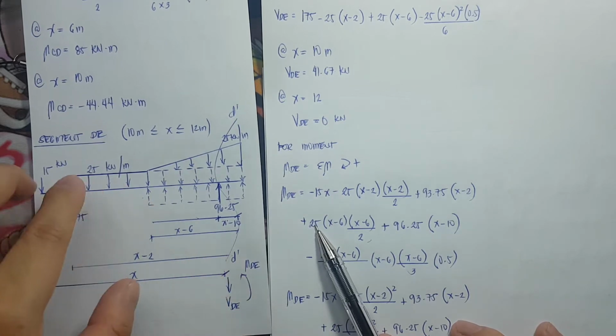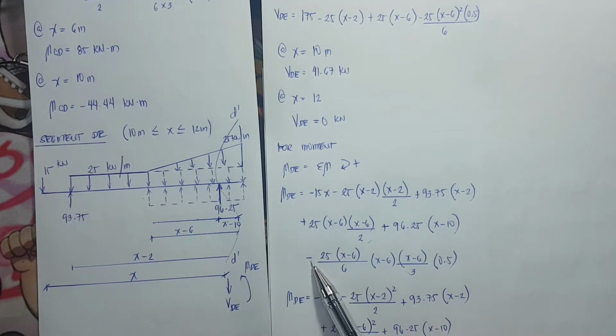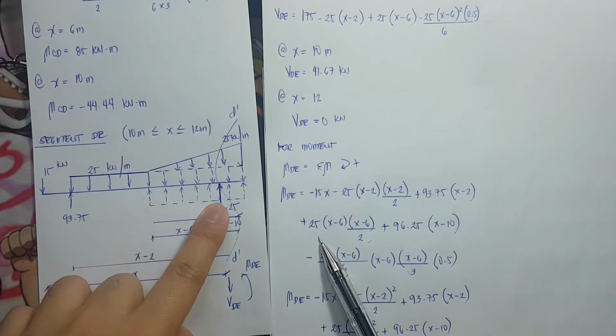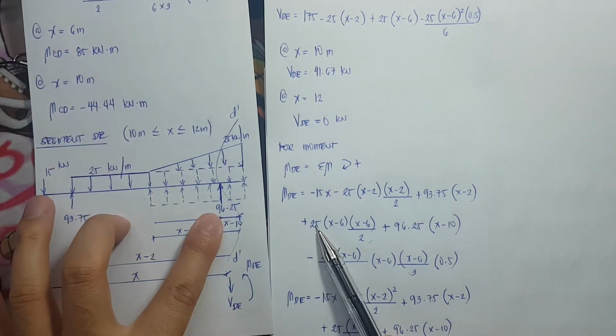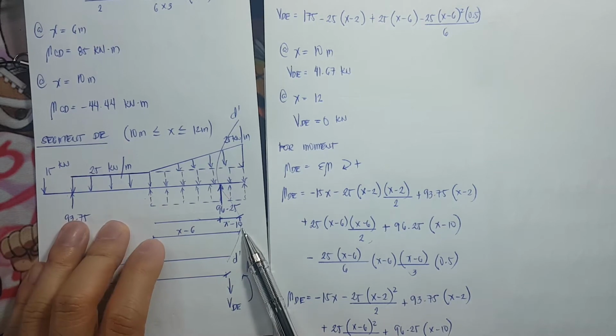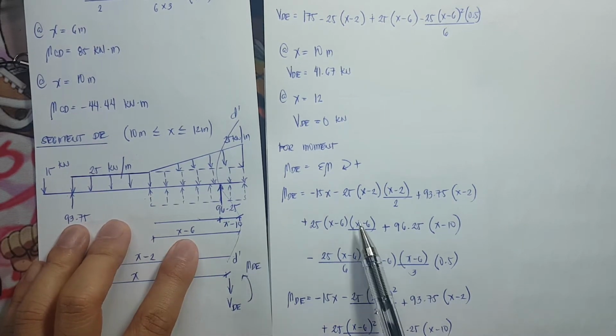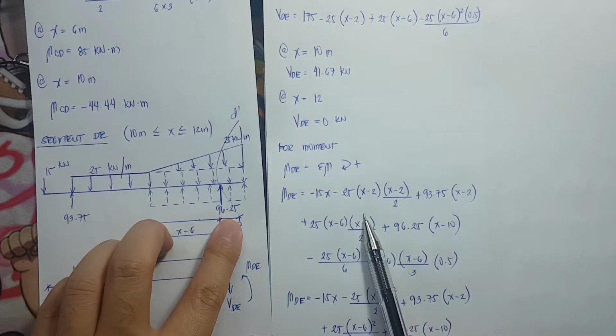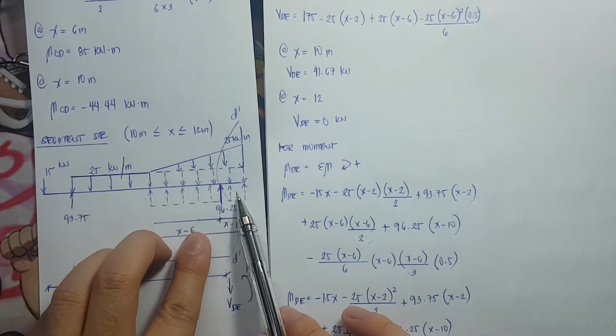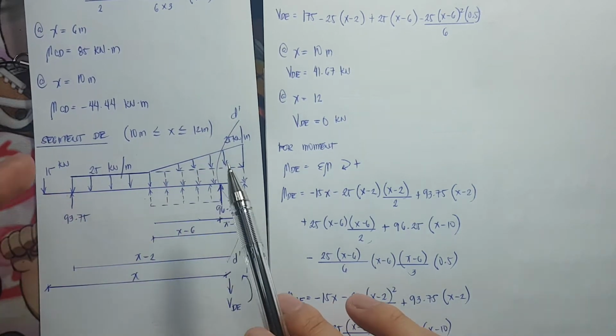Then, for the 25 that I introduced here, yung upward, we have 25 times a span of X minus 6. Then, for the lever arm, it is X minus 6 over 2 plus 96.25. So, ang distance niya is X minus 10.